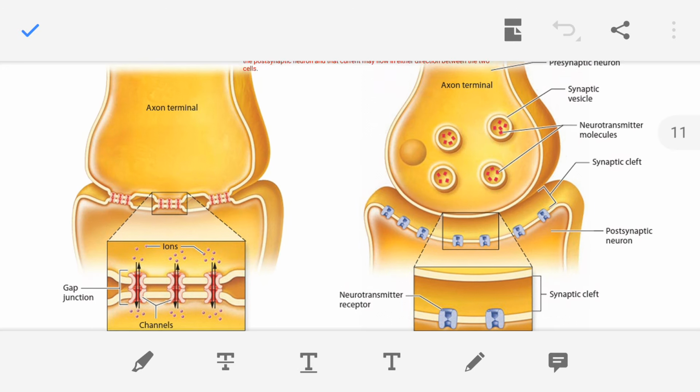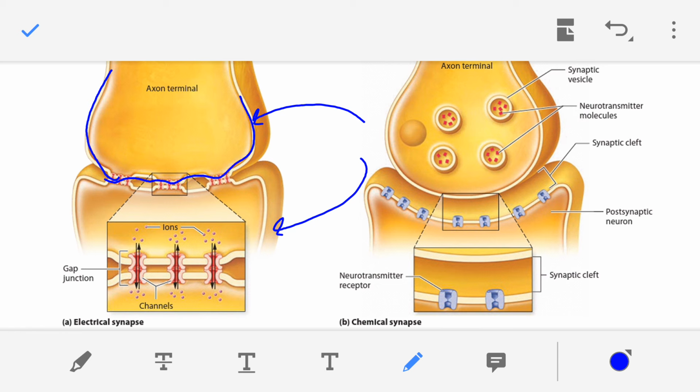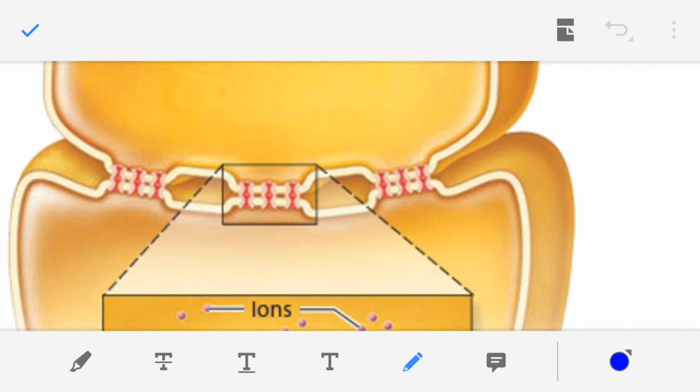So here, let's say this is the presynaptic neuron, this is the postsynaptic neuron, this one is the axolemma of the presynaptic neuron, and this is the axolemma of the postsynaptic neuron, and between these two axolemmas you can see these are all gap junctions.